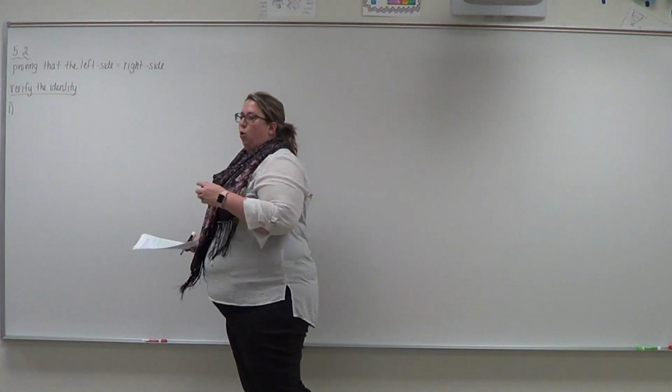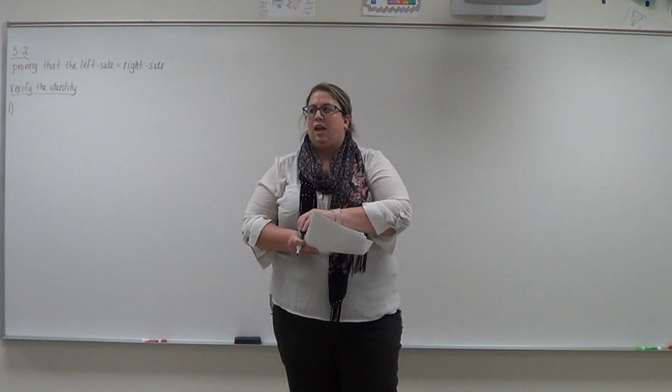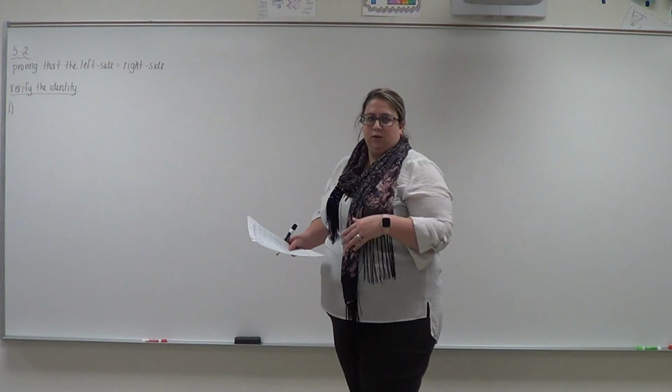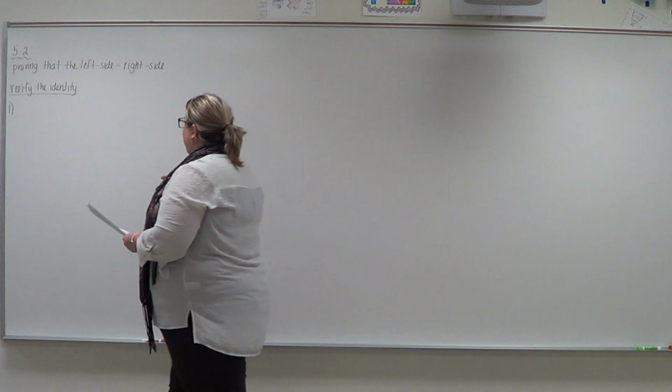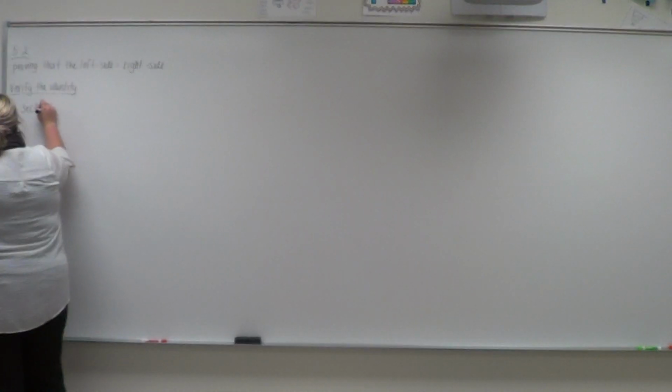The only difference is now you're going to know what it equals. Instead of having to simplify and not know what it equals, now you're given what it equals. You just have to figure out how to get there.